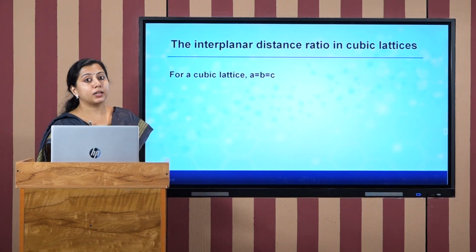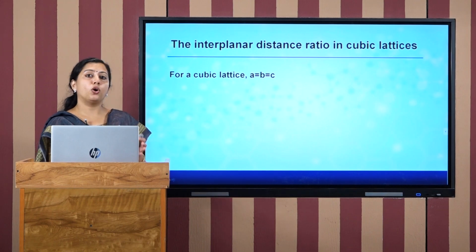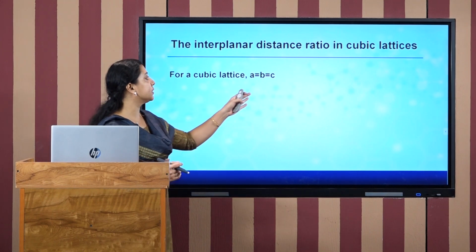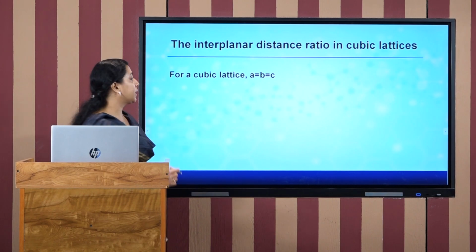Now, if we consider a cubic lattice, then all the sides are equal, that is a equals b equals c. So, what happens to the formula?